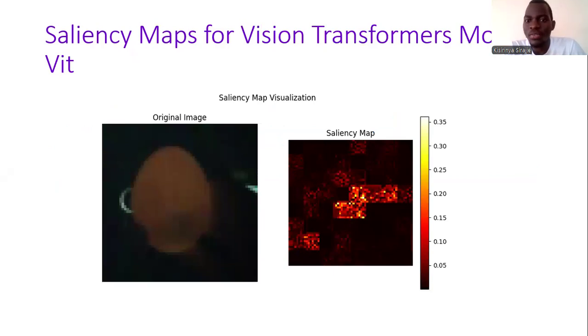For one of the images for my best model, vision transformers, as you can see here on the right-hand side, I try to focus where the image is, and you see where there is the dark red, like the red or maroon. That shows that that's where the image is, so it's trying to focus there.